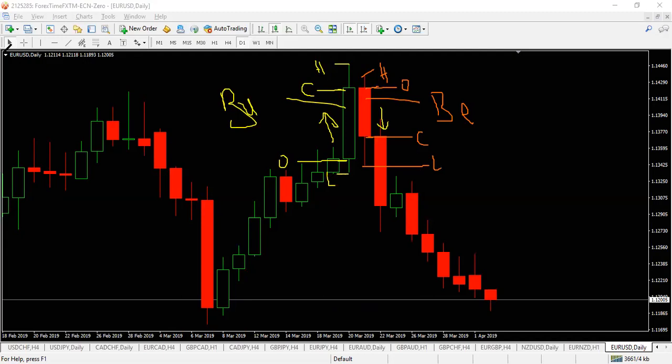If I'm dealing with this bear candle, I should pick the high, low, and close values, add them up, and divide by 3.